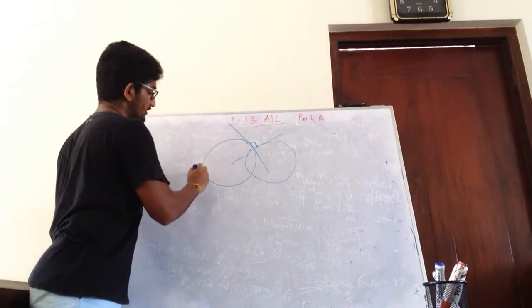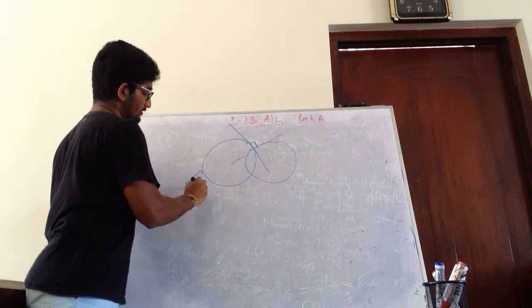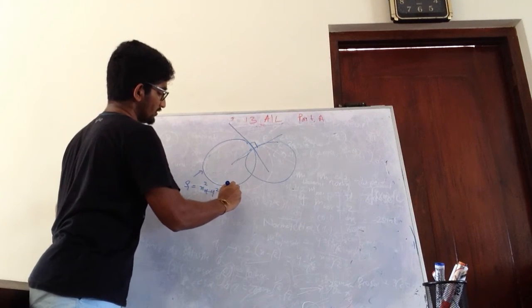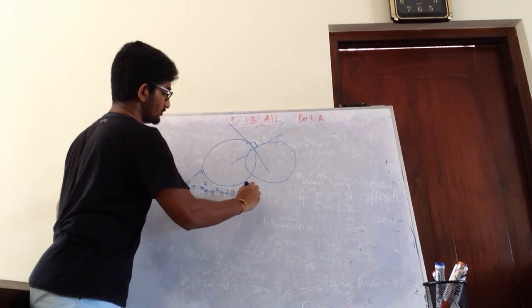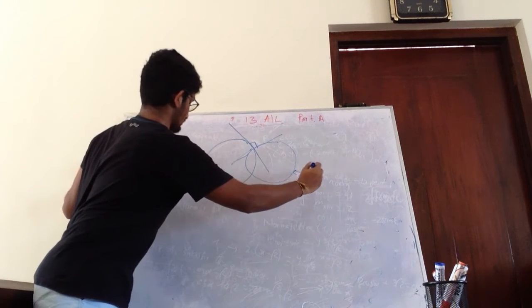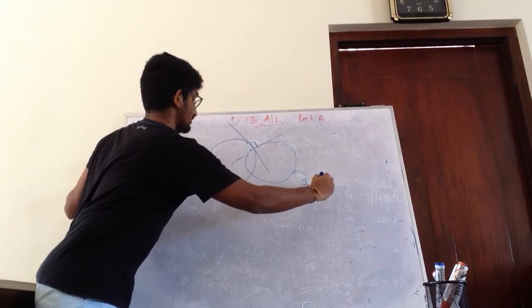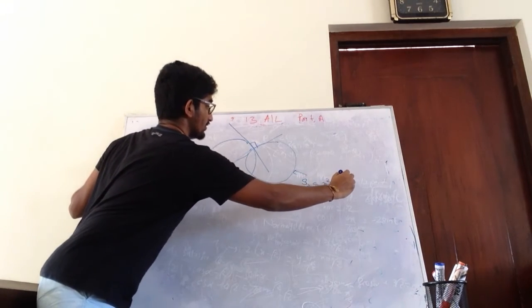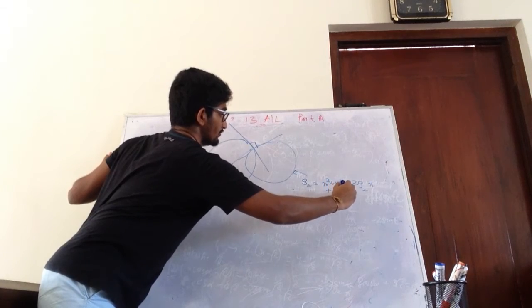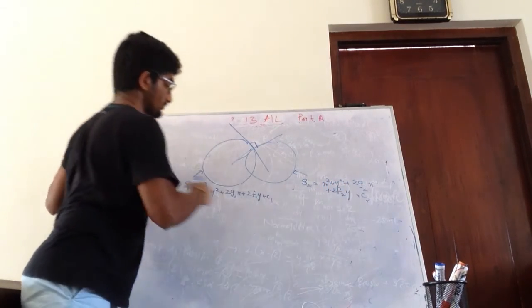So if this one is S1 equals x square plus y square plus 2g1x plus 2f1y plus c1, and this is S2 equals x square plus y square plus 2g2x plus 2f2y plus c2.